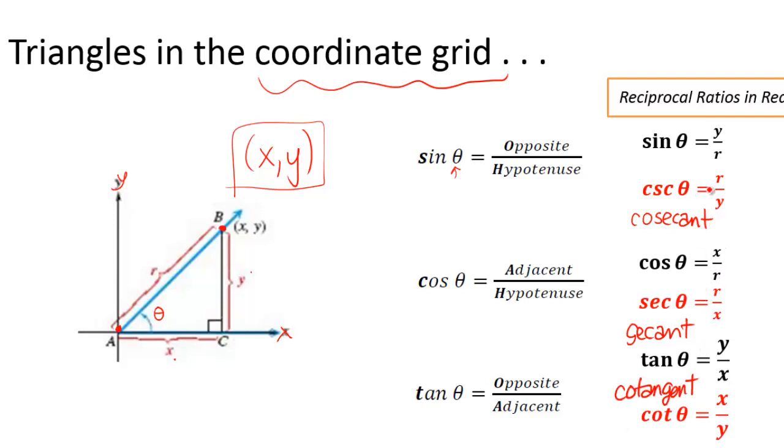So if you would like to find these other three, you're just taking the reciprocal of their counterparts. This creates the six trig ratios that are referred to quite frequently, and gives you all the possibilities of relating all three of these sides.